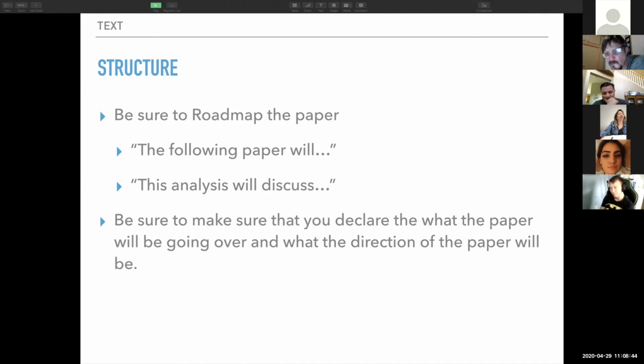And it's really easy to avoid the BS if you just follow a certain structure and pattern. So road mapping a paper is super important to prime your audience on what you're going to be talking about. And the other cool thing is it just makes you look fancy.